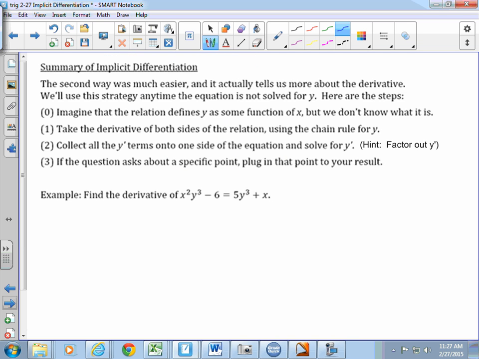Speaking of steps to do implicit differentiation. Step 0. Do what? I would write this down.